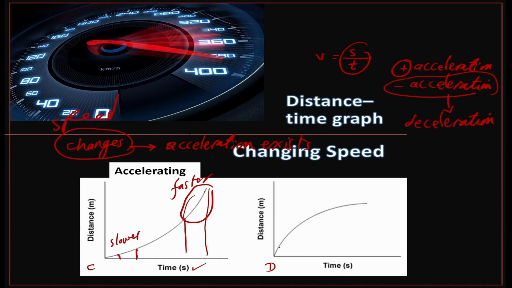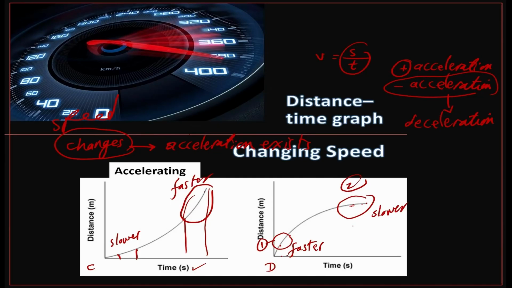What about graph D? Look here. In the beginning, as time changes, the distance changes more than at the end of the time. This means the ratio at point 1 is greater than at point 2. What does this mean? We start with a higher speed and end with a lower speed, so the object becomes slower.